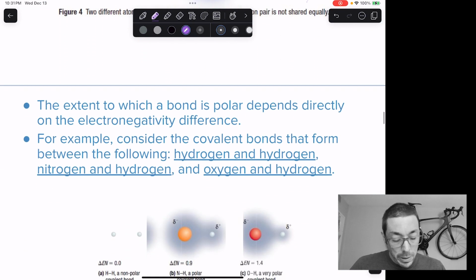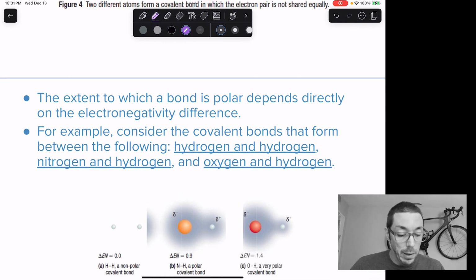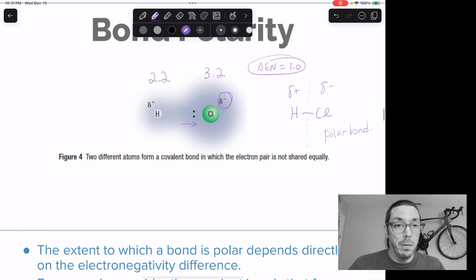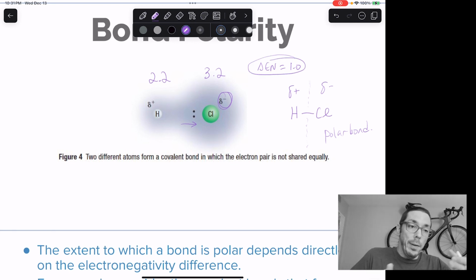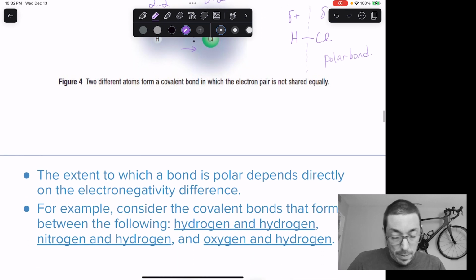The polarity of these covalent bonds depends on how big the difference is in electronegativity. With HCl, we had a difference of 1. The closer you get to a difference of 1.7, the more polar your covalent bond is.